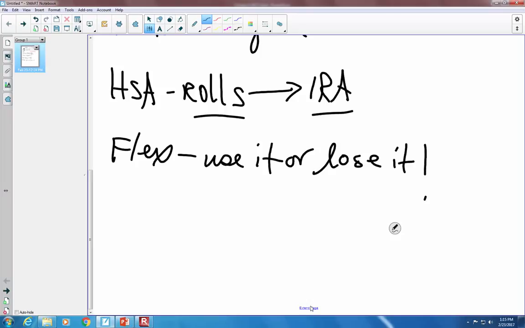Just what Klaus said, use it or lose it. Don't quote me on this exactly, but I believe there was such an outcry over this because people were losing their money that the IRS now gives us until April 15th of the next year.